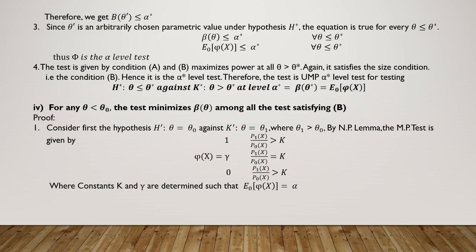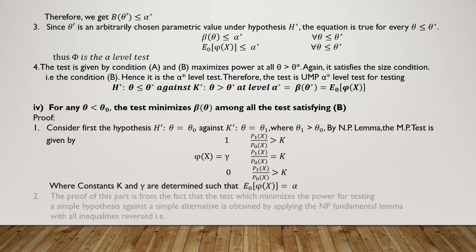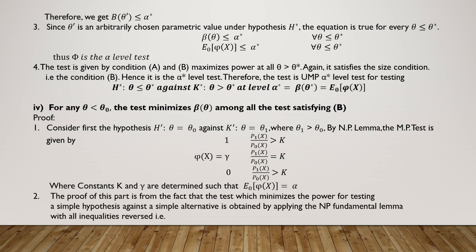And by the NP lemma, we get the φ(x) value under different conditions. The proof of this part is from the fact that the test which minimizes the power for testing a simple hypothesis against a simple alternative hypothesis is obtained by applying the NP lemma with all inequalities reversed.